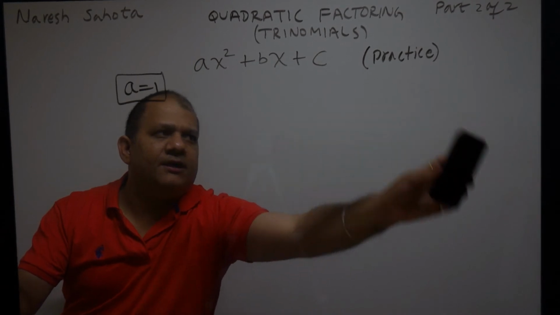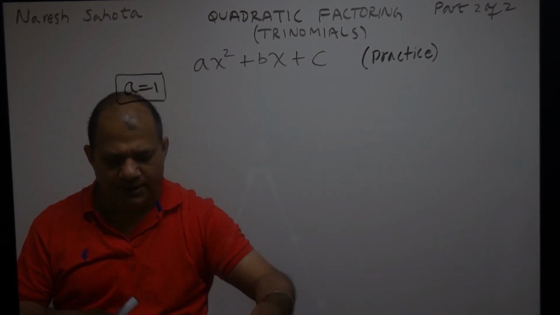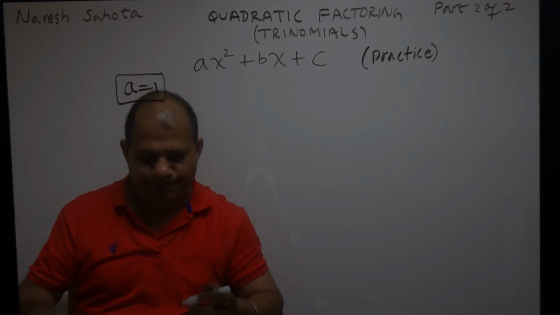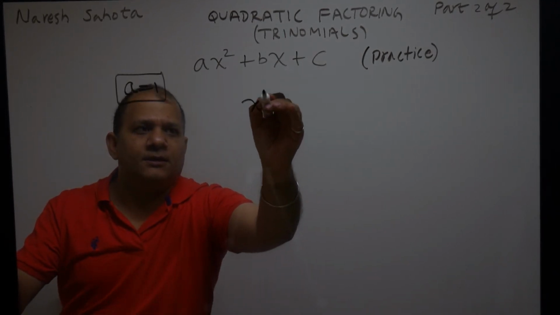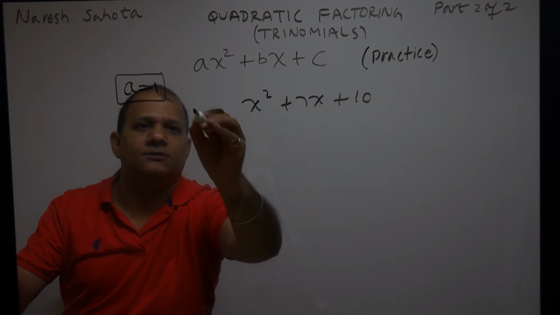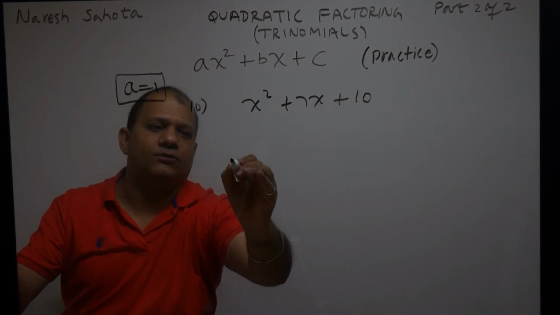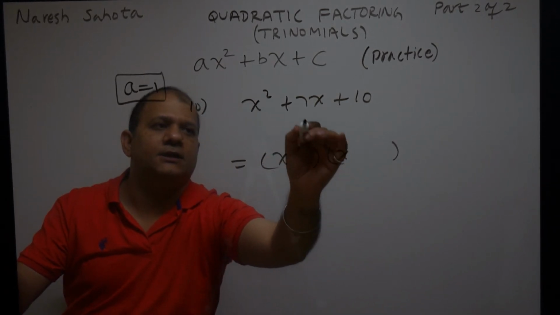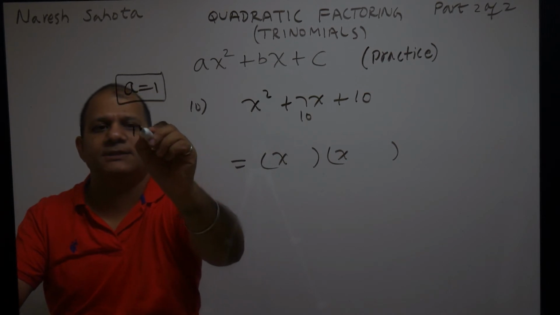It's becoming repetitive, so I will do maybe just 3 more, 4 more. So x squared plus 7x plus 10. This was number 10. Is it trinomial? Yes, it is. So x and x, copy the last term, so that's 10.